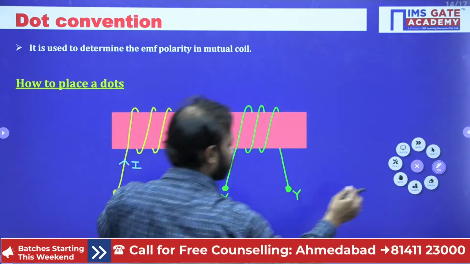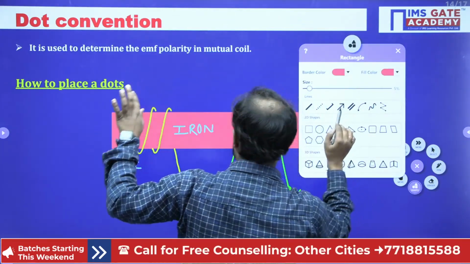So the magnetic flux direction will be from right to left, means in this direction.